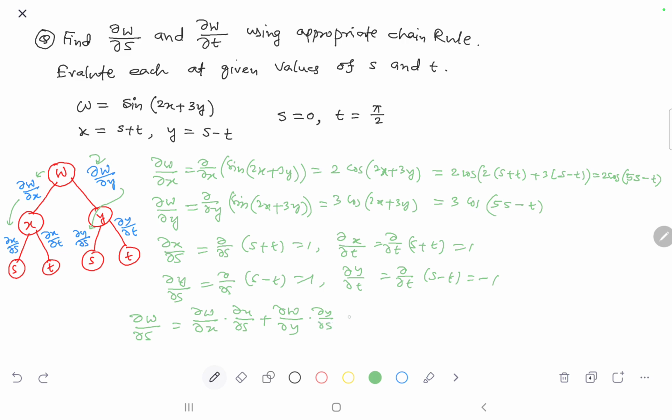So if you put it, we get here 2 cosine 5s minus t into del x del s, which is 1, plus 3 into cosine 5s minus t into del y del s, which is 1. So we are getting 2 cosine 5s minus t plus 3 cosine 5s minus t. So it is nothing but 5 of cosine 5s minus t. Right, Mayan?